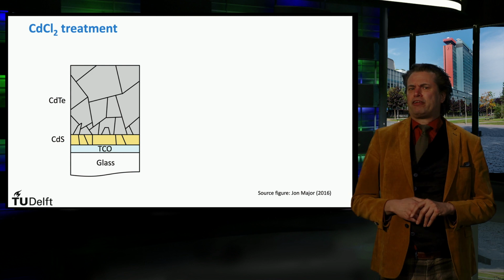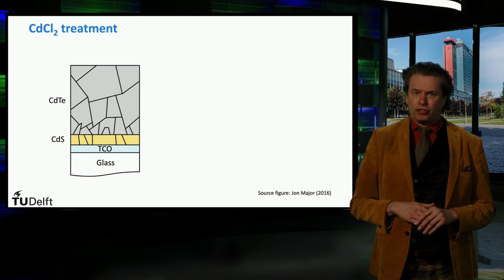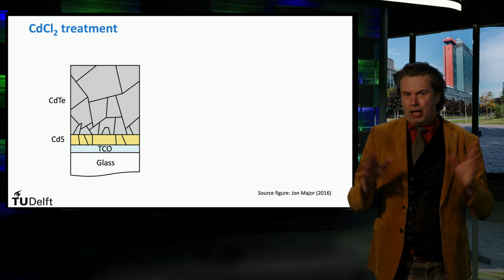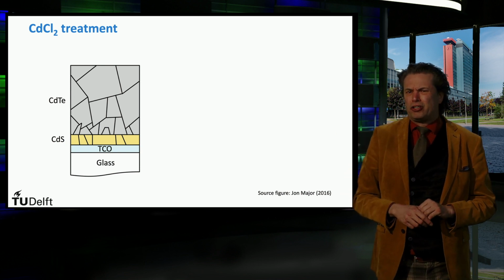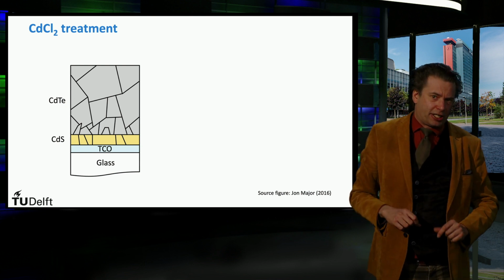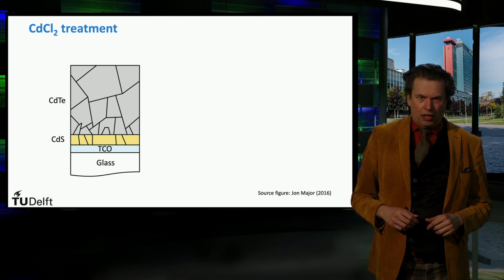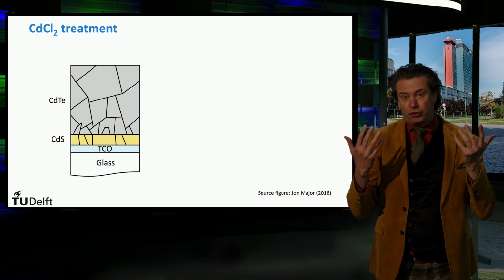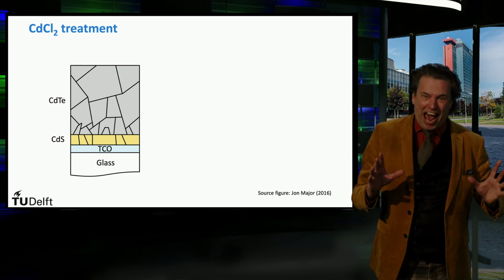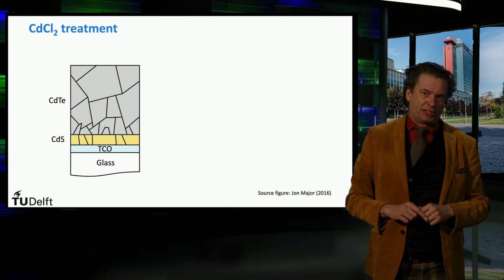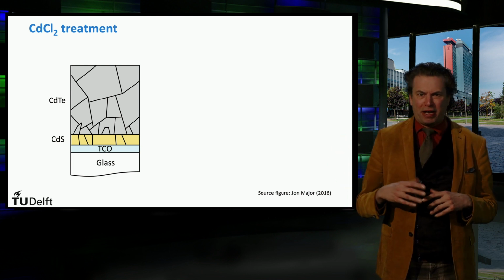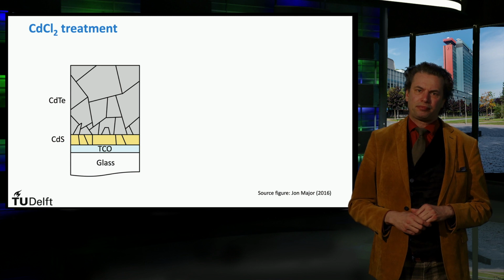There are other methods available to produce cadmium telluride layers, such as electrodeposition or physical vapor deposition. We will now discuss a special process step that is crucial in obtaining a high efficiency cadmium telluride cell. As deposited, the cadmium telluride layer does not as such have good electronic properties, since it has many point defects, extended defects and unpassivated grain boundaries.